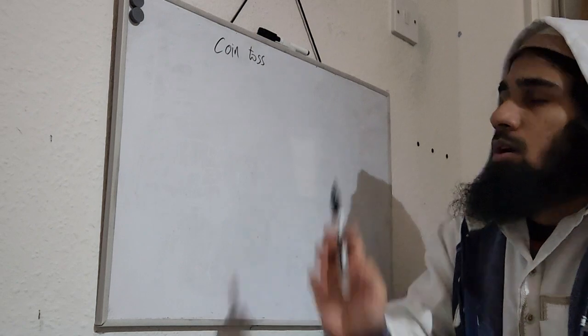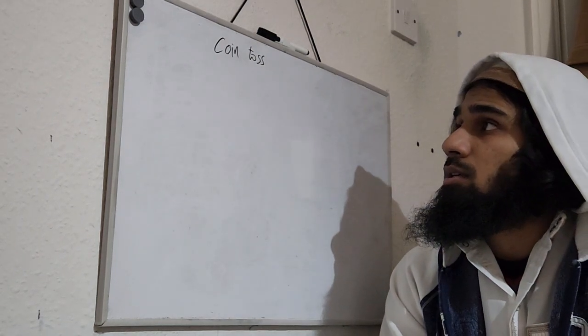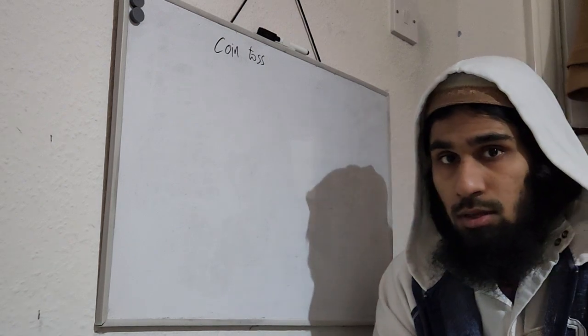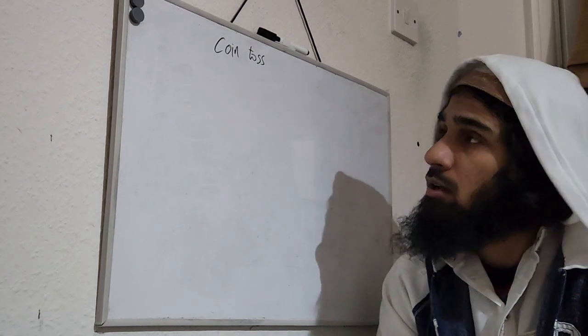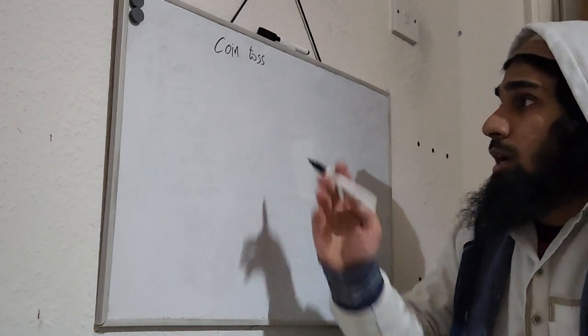We know that with a coin toss, the probability of getting heads or tails is 0.5. So we can work out the entropy for that.